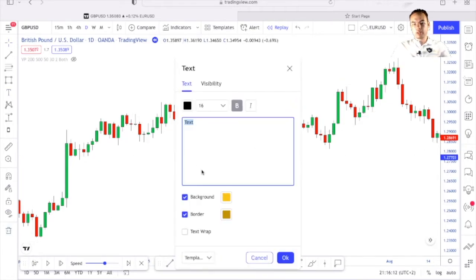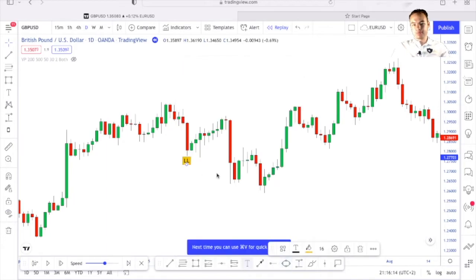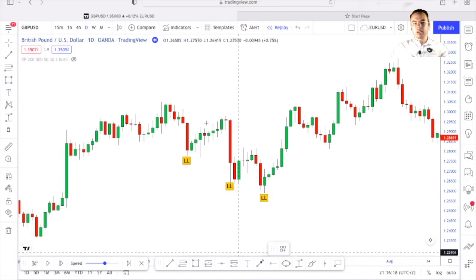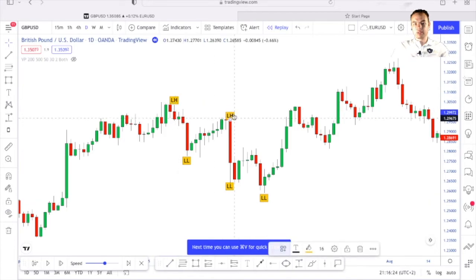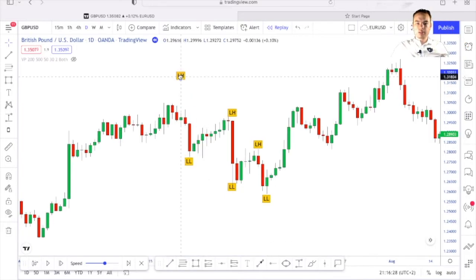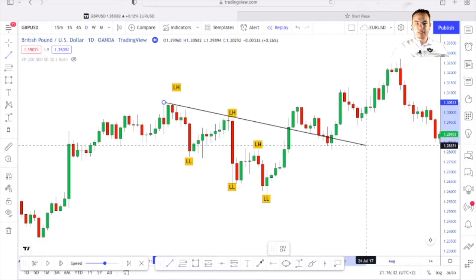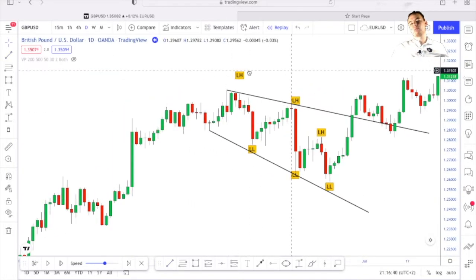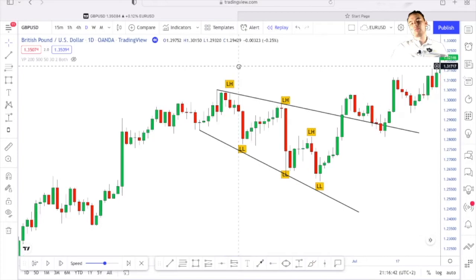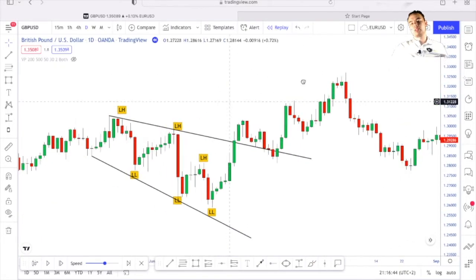As you can see, lower low, lower low, lower low. Here's a lower high, lower high, lower high, right? So something like that.